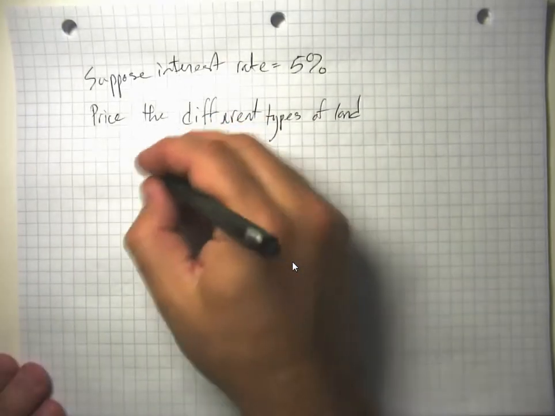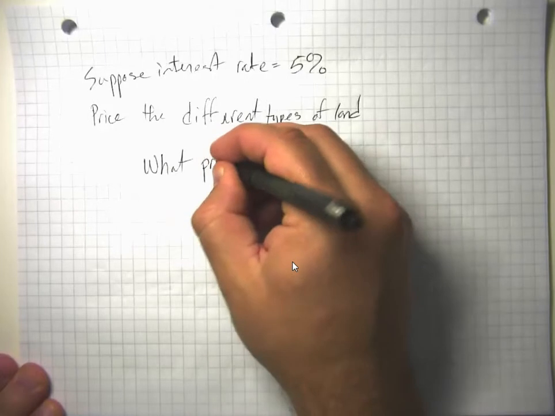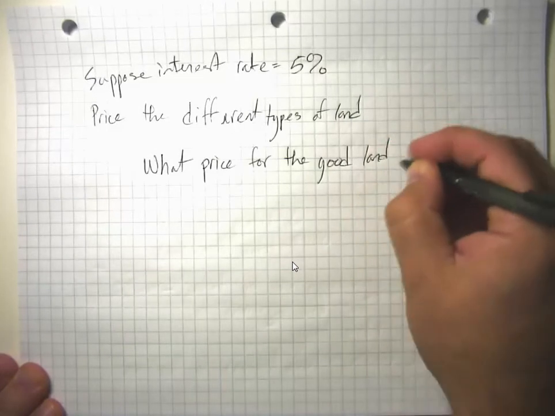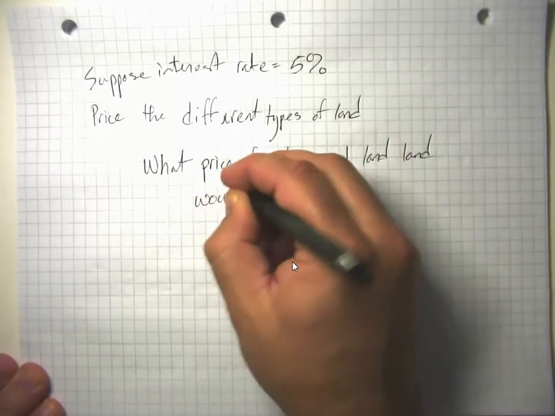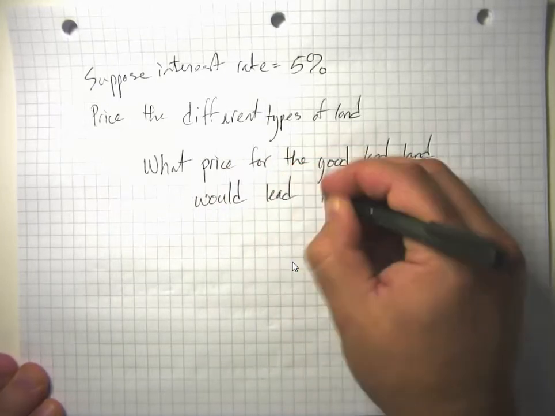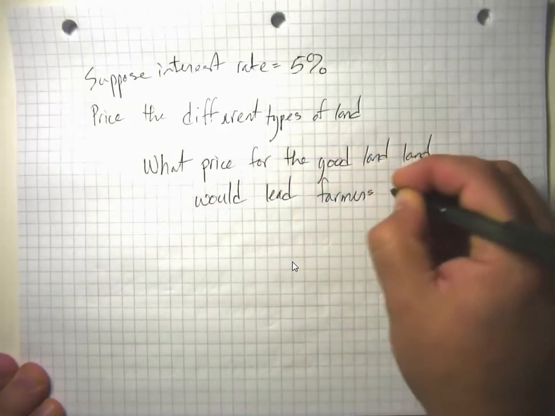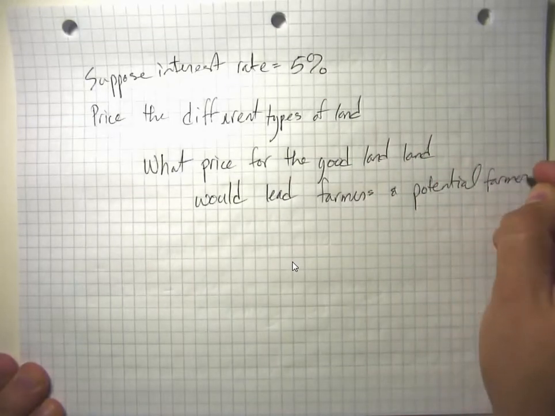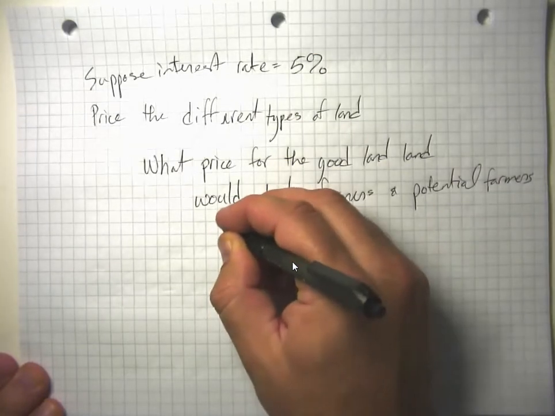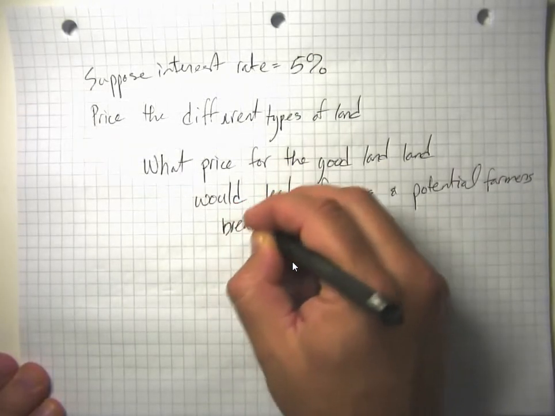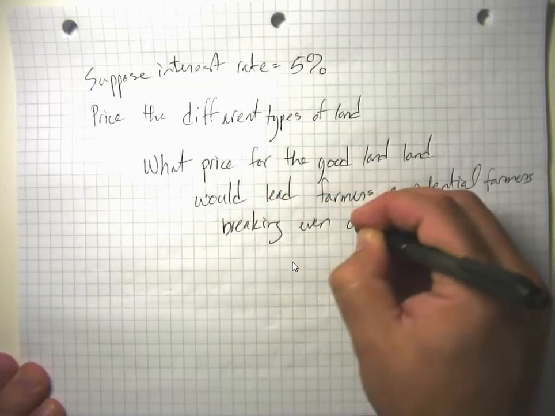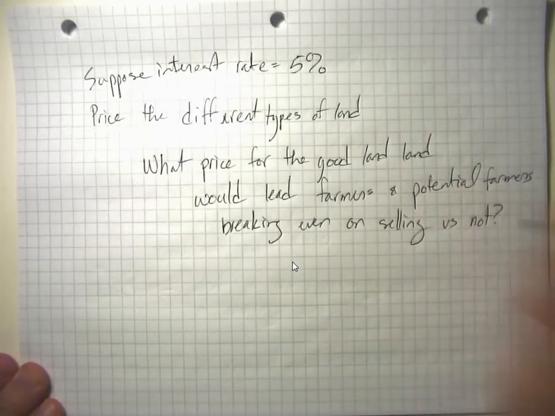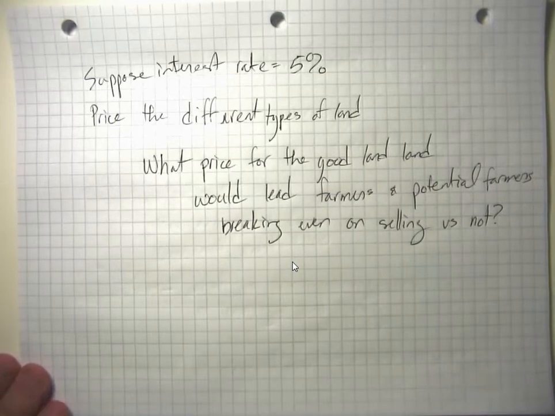And in particular, what price for the good land would lead farmers and potential farmers to break even on selling versus not selling, because that would be an equilibrium price.